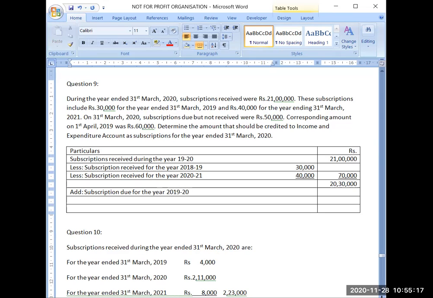The outstanding amount we will add. Now see the sentence carefully, what it is saying. We have to analyze these languages properly.